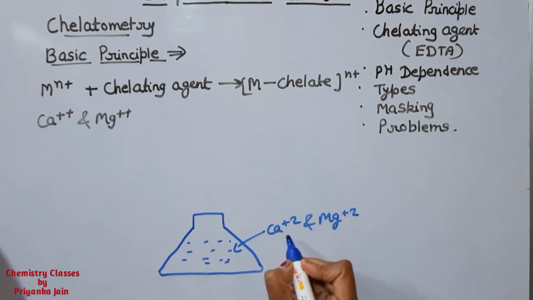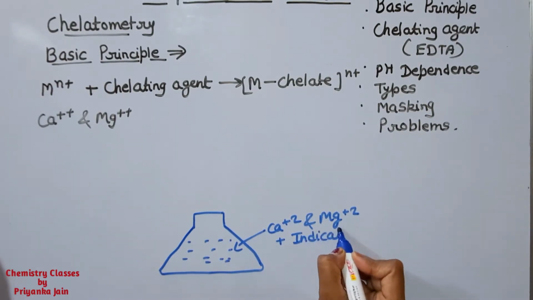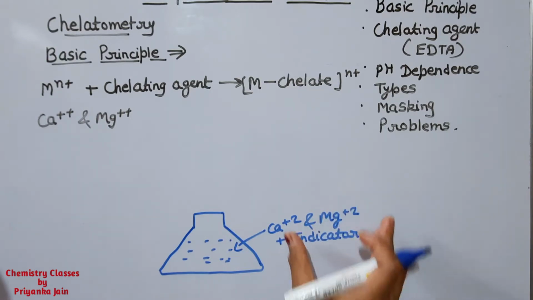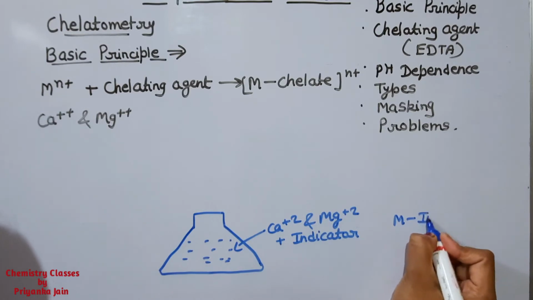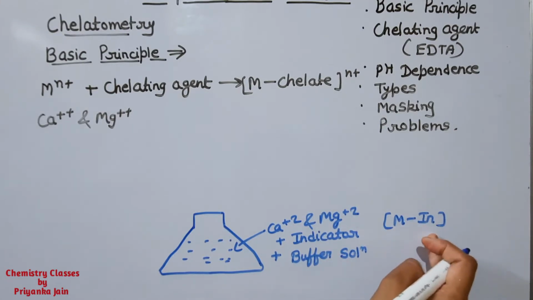Now we add some indicator to it. This indicator will form a complex with the metal ions, which we can denote in this manner. This is the metal indicator complex. To fix the pH of this solution, we add a buffer solution by which we can set the pH. So here the metal indicator complex is formed.